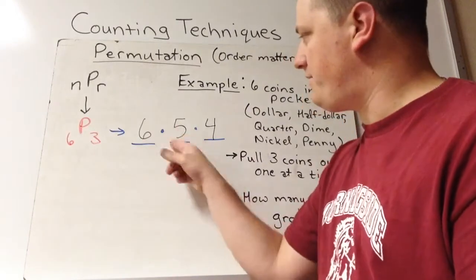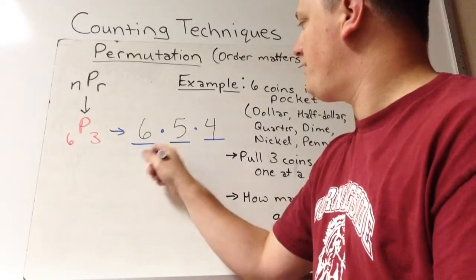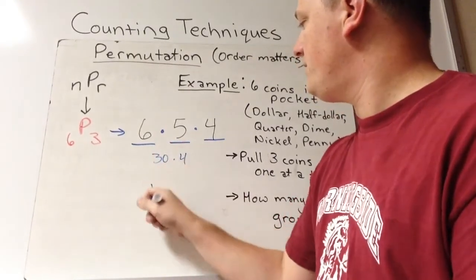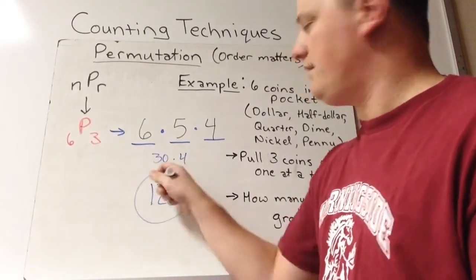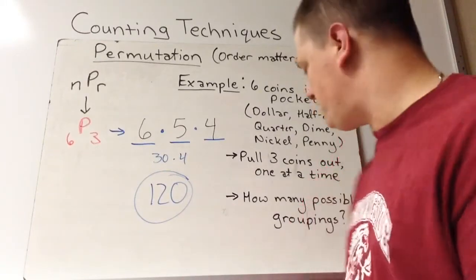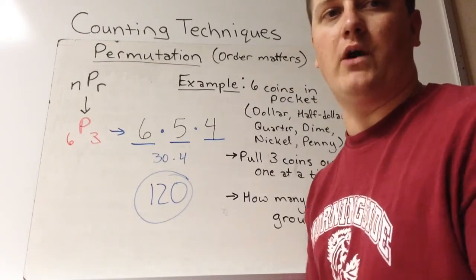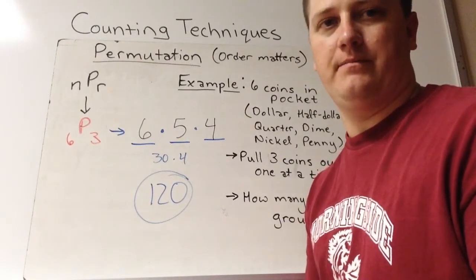So we have 6 times 5 times 4 for this situation, which is 30 times 4, which is 120 permutations. There are 120 different permutations or groupings here by pulling out the coins where order matters.